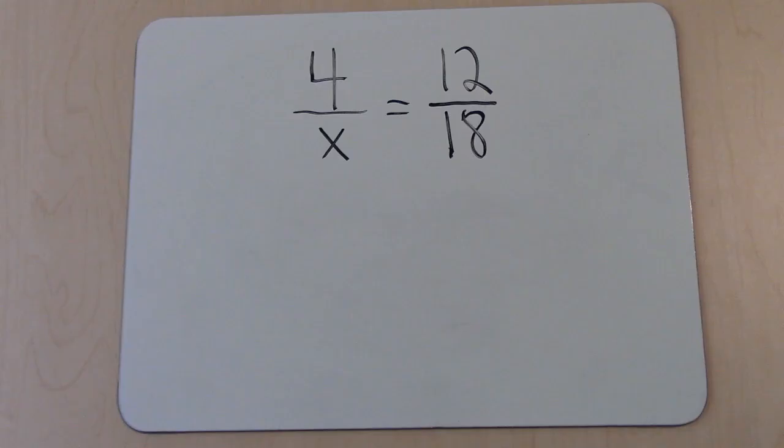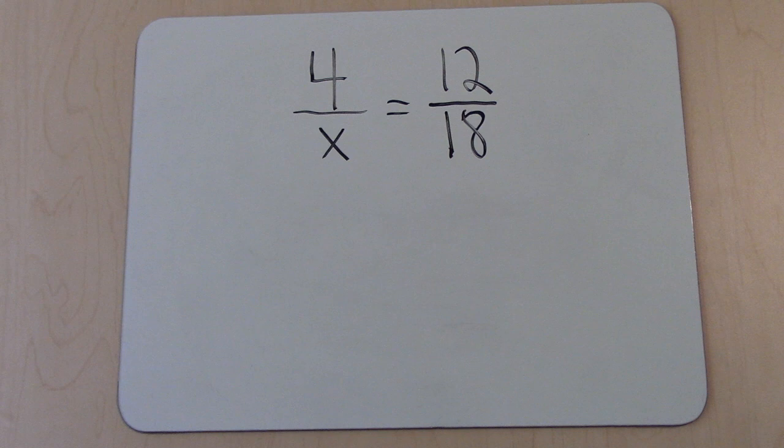All right, so this problem, when you look at the bottom, one side's got an x, one side's got an 18. If you just look at the bottoms, there's no real shortcut here. You're just going to need to multiply the left side by the 18, or technically 18 over 18, and the right side by x, or x over x.